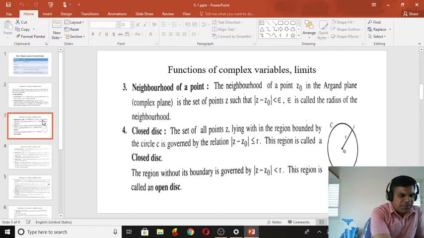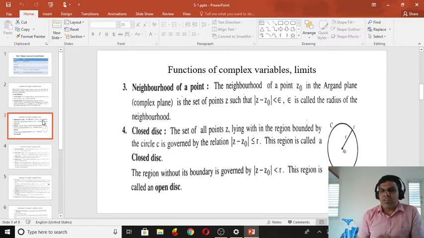Draw PM perpendicular and join OP. If OP is r, then x comma y we can write as x plus iy. This is called the Argand diagram. We represent it in terms of that. So the neighborhood of a point z naught in the Argand plane or complex plane is the set of all points such that mod z minus z naught is very small, that is, mod z minus z naught is less than epsilon.